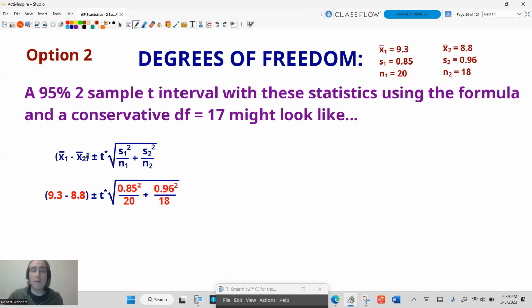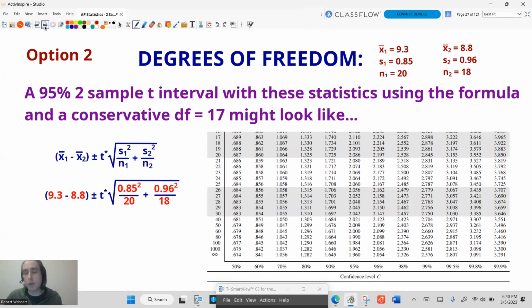And know that we're trying to estimate the difference in the two means, and that's why we're subtracting these two sample statistics. Now that T-star, you can get using your table. If you know that your degree of freedom is 17, and let's say we're using a 95% confidence level, you can match the row and the column up, and you'll see that your T-star here would be about 2.110.